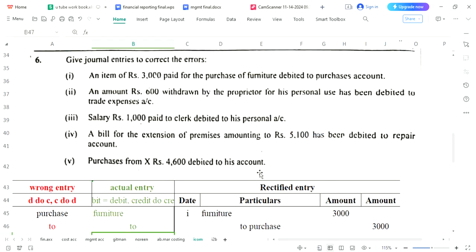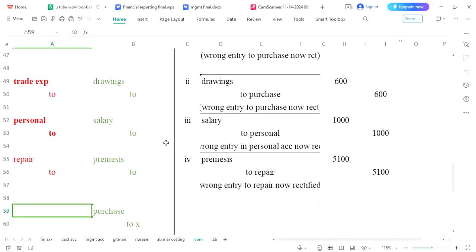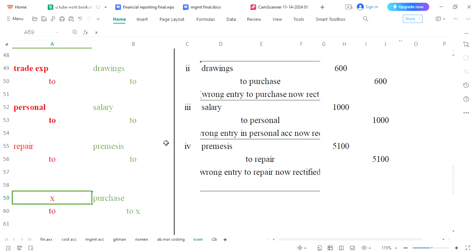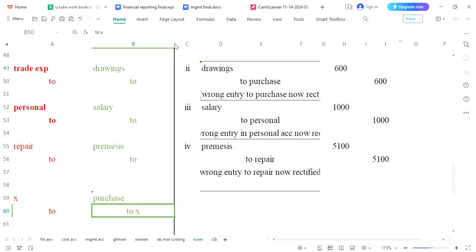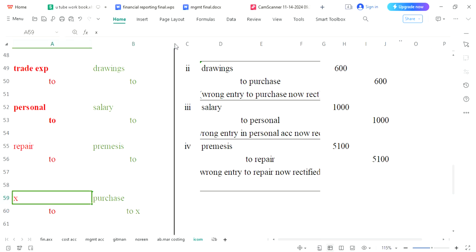Debited to his. His means human being. Human being is X. So we have debited X. Now you will understand what mistake we have done. I think most of you would have the guess. X was supposed to be written on credit, but instead of writing X on the credit side, we have written it on the debit side. So it's a double error, dual error, two errors.